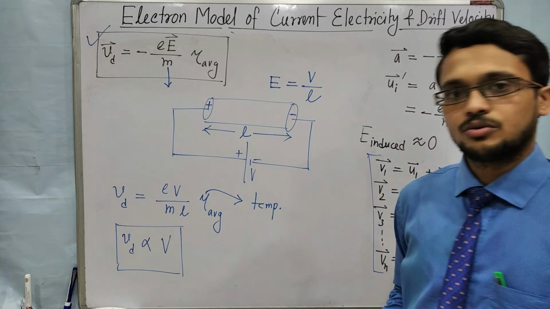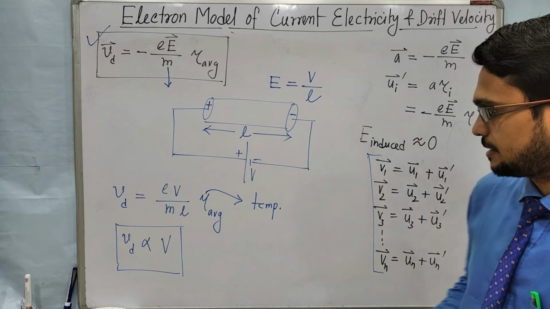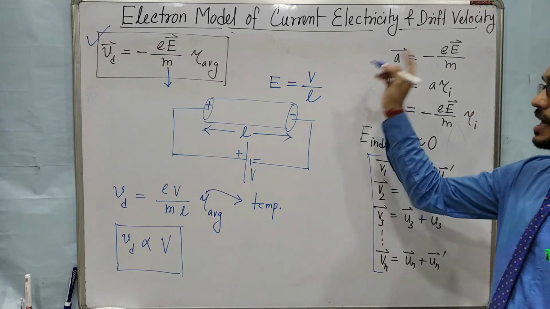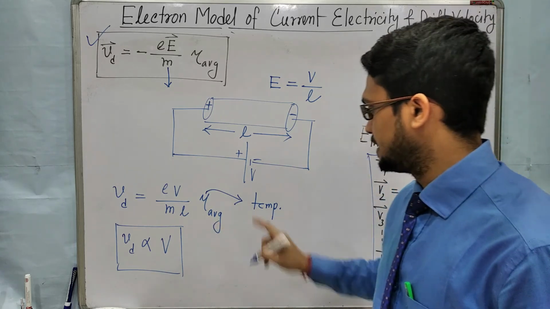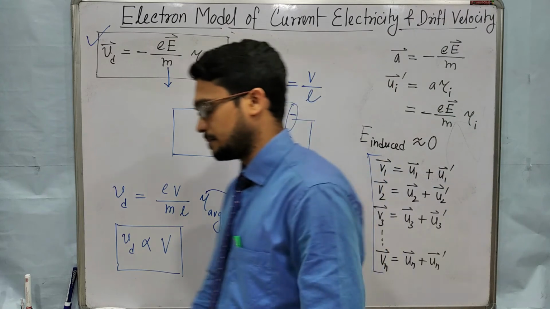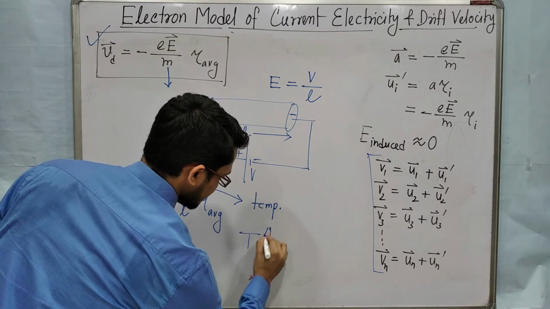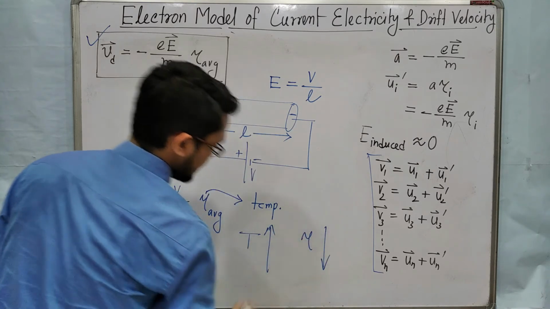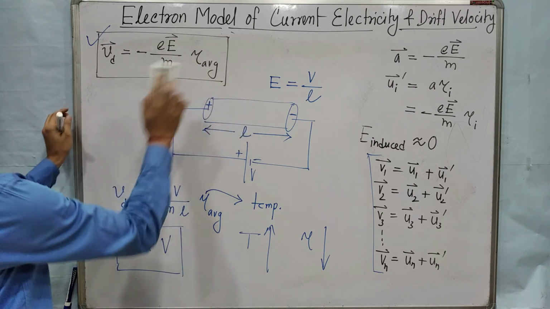So tau will decrease because the velocity is increasing due to the increase of temperature. The thermal velocity will increase and the resultant velocity will also increase, so tau average will decrease. So if temperature increases, tau will decrease. The relaxation time of each electron will decrease. Clear.